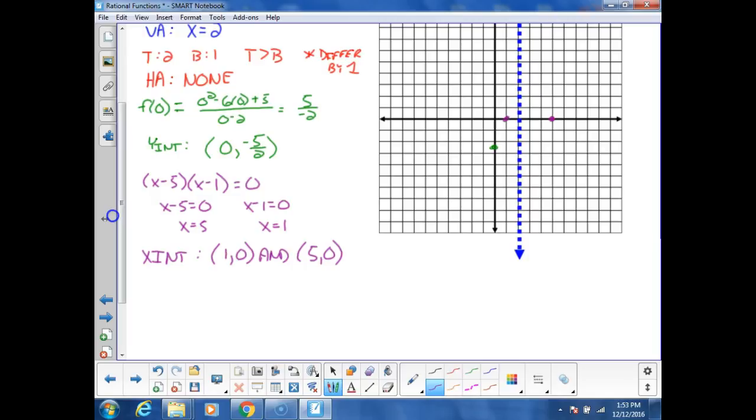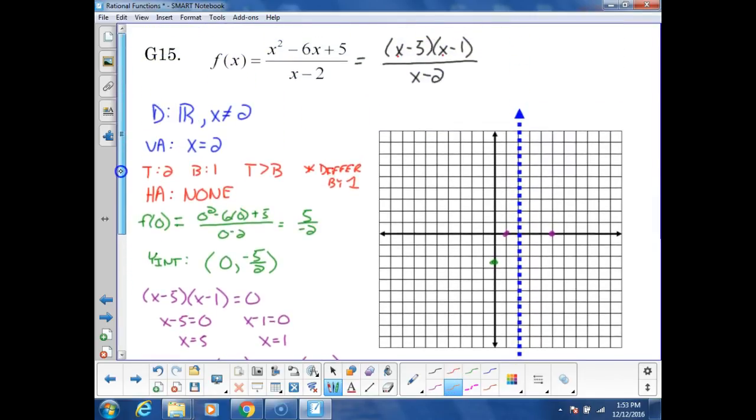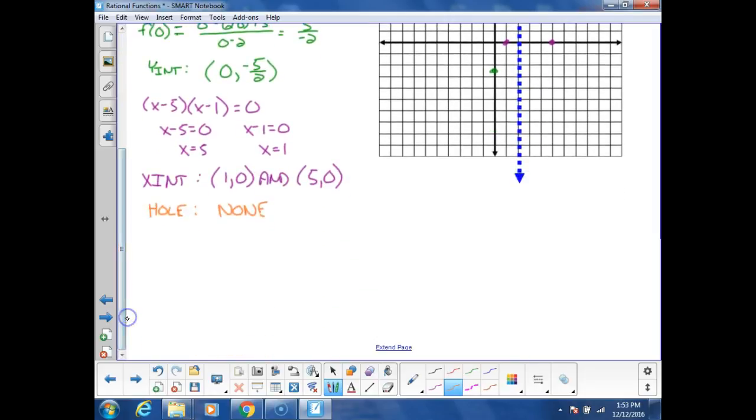With me so far? Yep. Holes? None. There are no holes. But I do have a slant asymptote, right? For this one you would use long division. x minus 2 equals 0, so x equals 2.